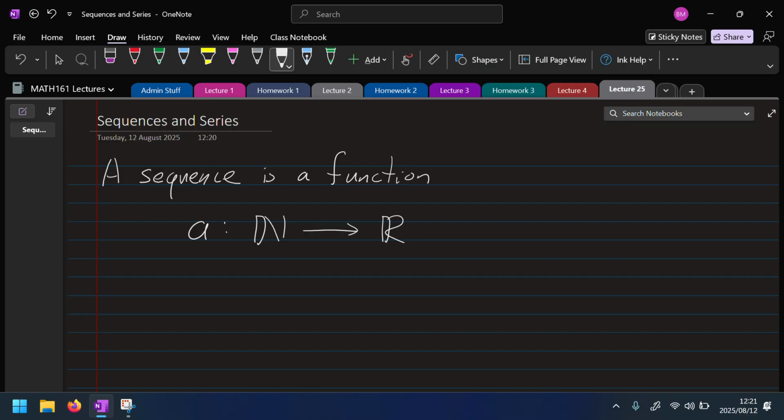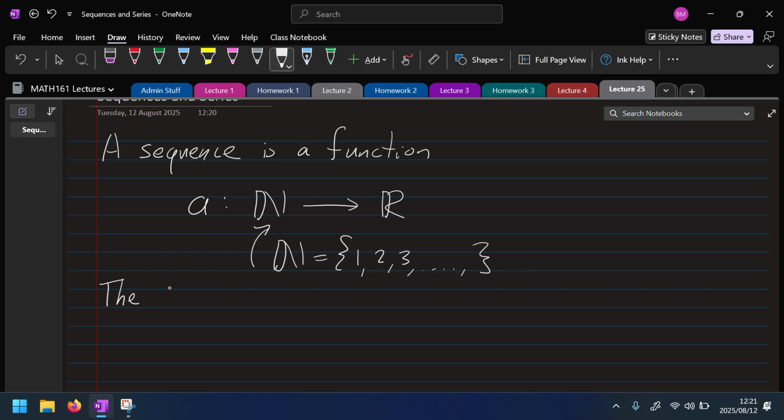That is going to be our sequence. Here we're going to take the natural numbers to start from 1, because we're going to have issues with dividing by 0 if we start from 0.